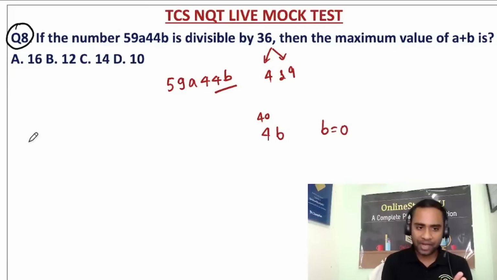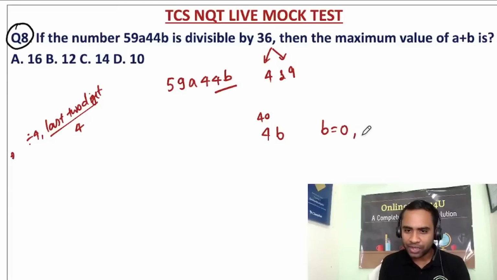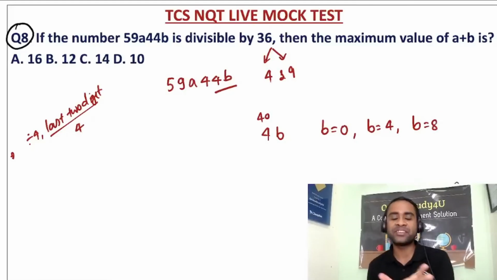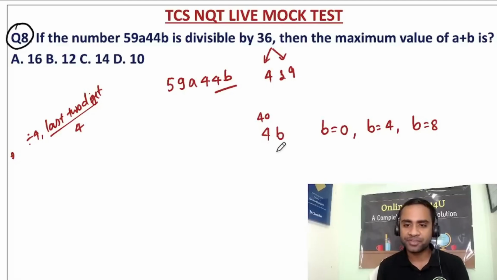If a number is divisible by 4, then the last two digits should be divisible by 4. So either you take b as 0, 4, or 8, and then this number will be divisible by 4.